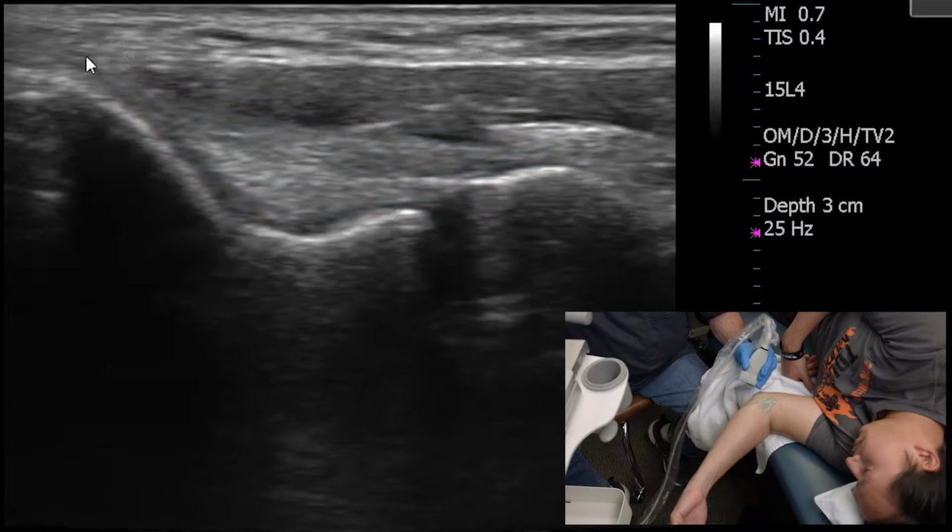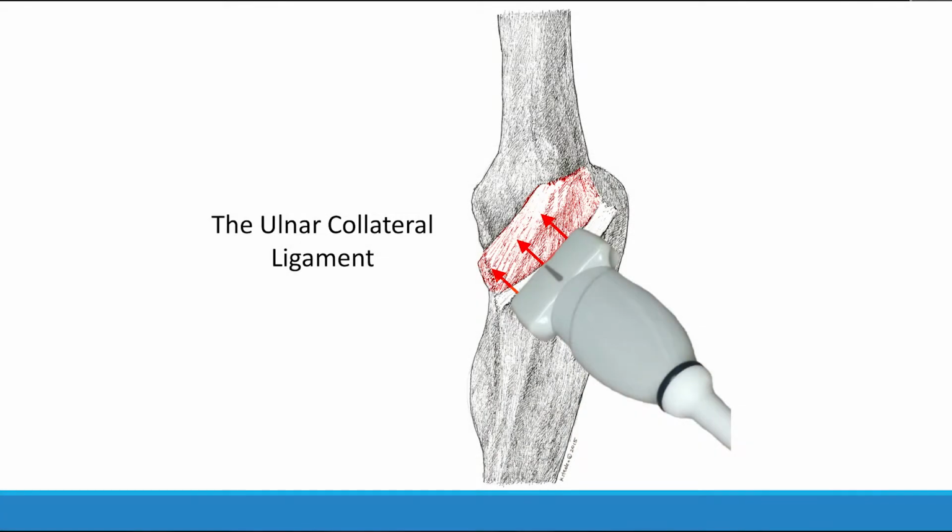Above that area, in this regional area here, is the medial epicondyle of the elbow. So what we're looking for with patients with elbow pain is either an issue in the ligament or an issue in the common flexor tendon, sometimes known as golfer's elbow.